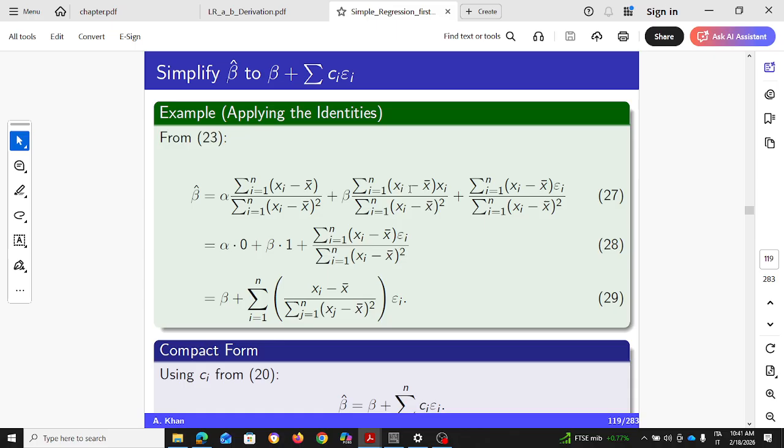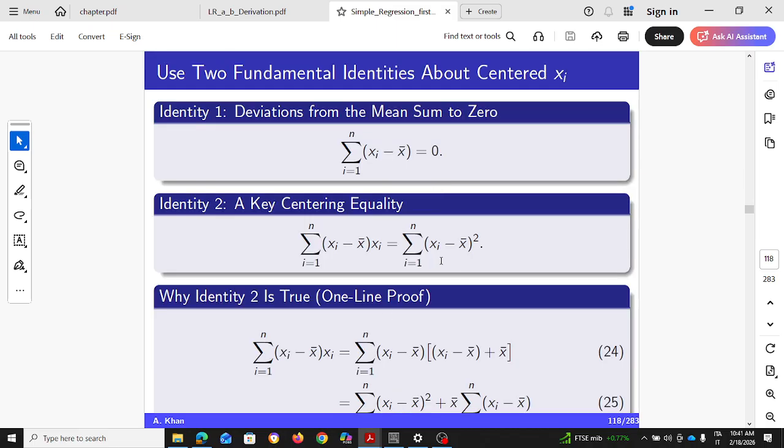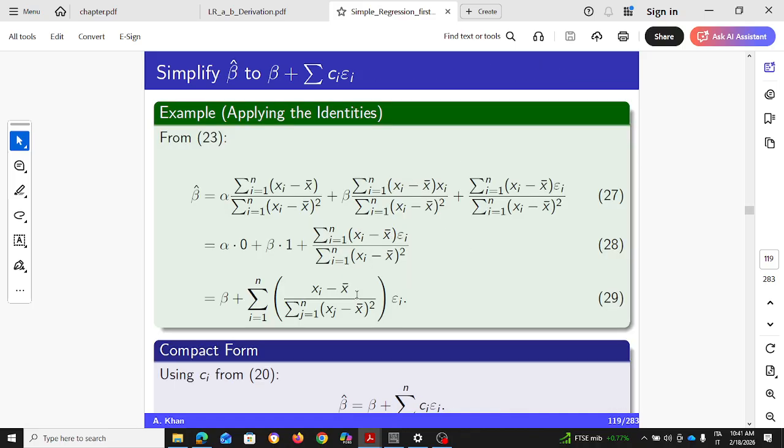Then for this term, by identity, this minus this is equal to x minus x bar squared. So these two terms cancel out, we have just beta and the rest of the terms. So now beta hat is equal to beta plus the summation of this term, which we can write in compact form as beta plus, calling all of this term ci, the disturbance term.